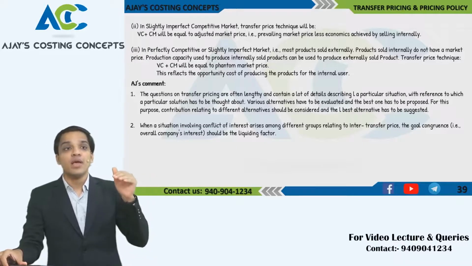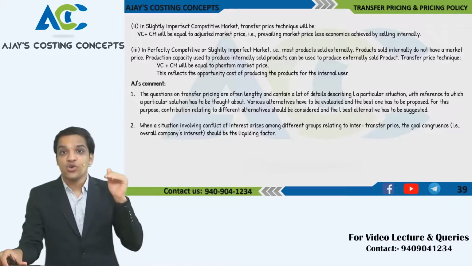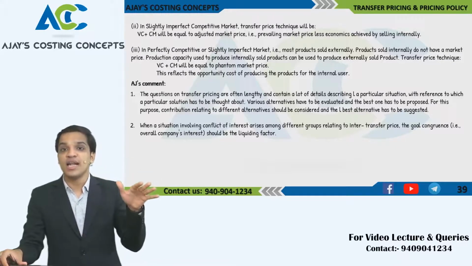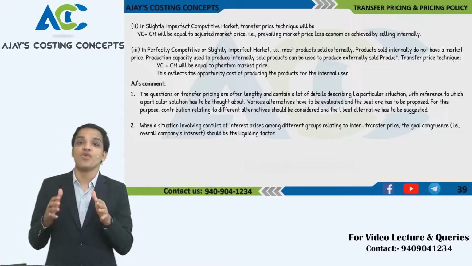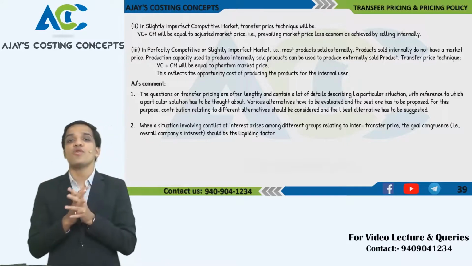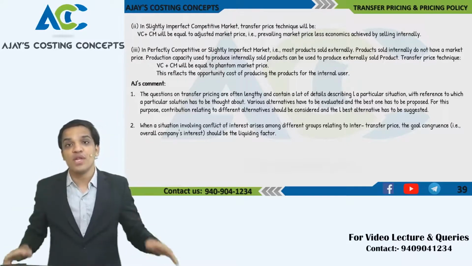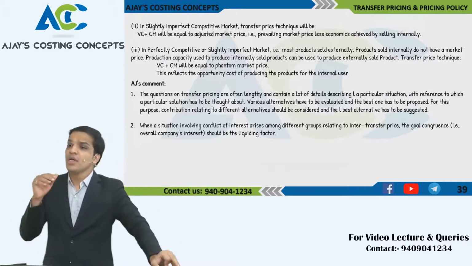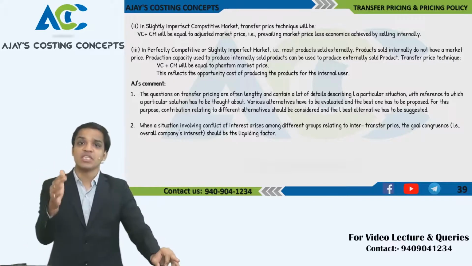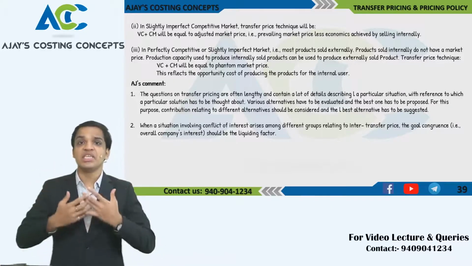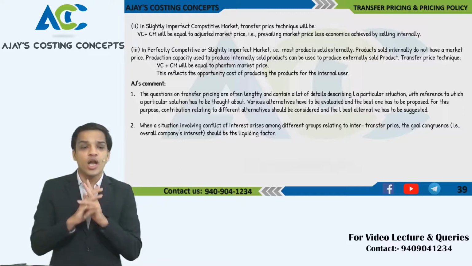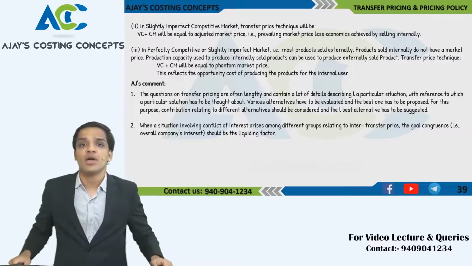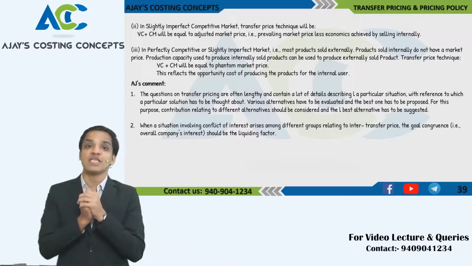Say, for example, there are 4 divisions. In that, what is the question that they are asking? What is the relevant information for you? What is the relevant suggestion that you can give? Understanding this is very, very important. As per past questions, as per students' experience, as per my teaching experience, a lot of students get confused when there is a question on transfer pricing.